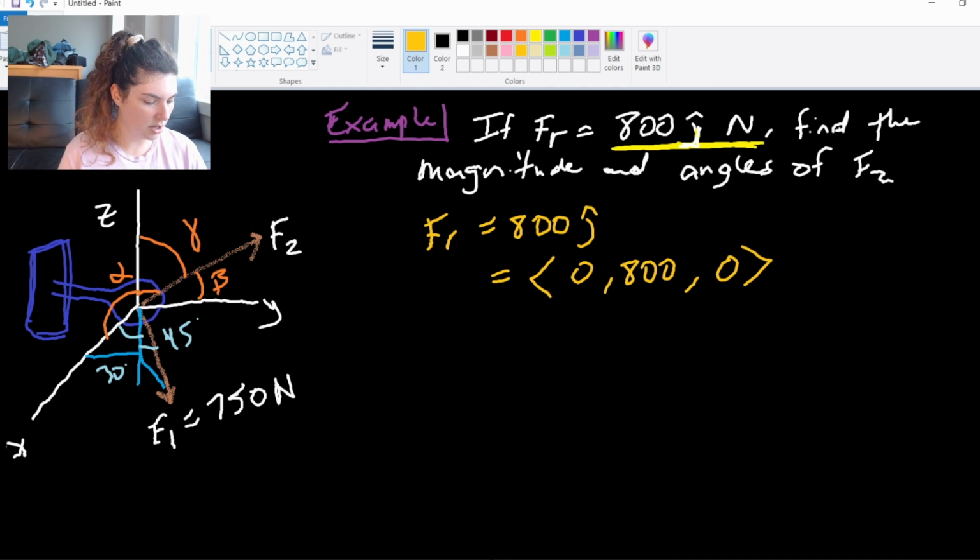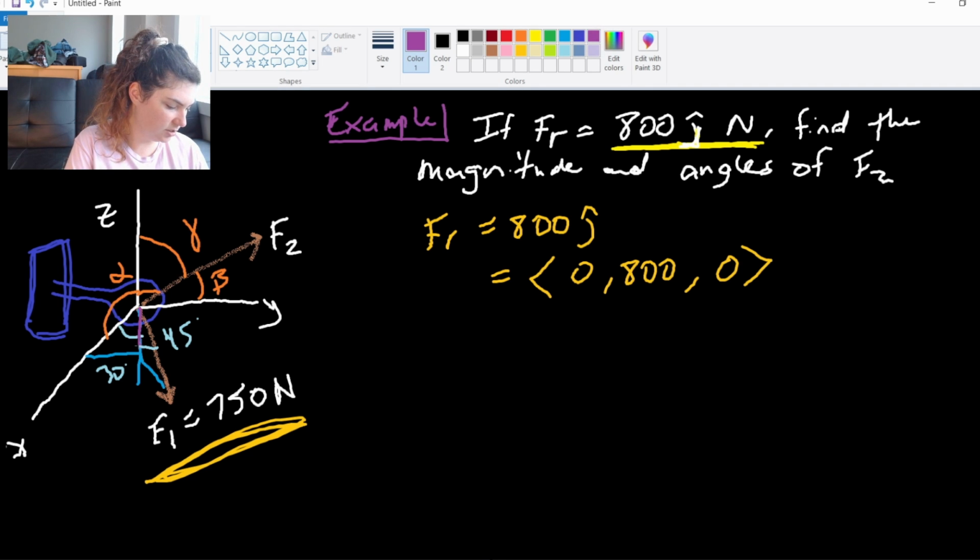So the tricky part of this one really comes in with this F1 character here. We're going to need to break it up into triangles, which can be a little bit tough to see with these 3D diagrams. So I'm going to go ahead and break it out into this triangle first.